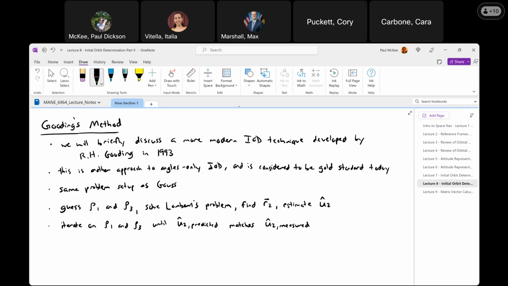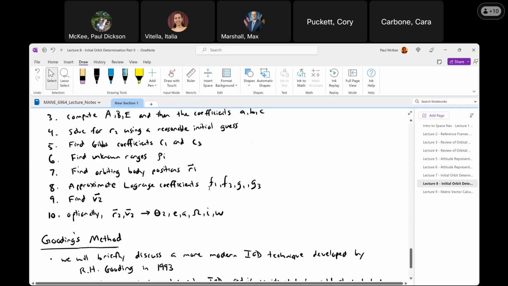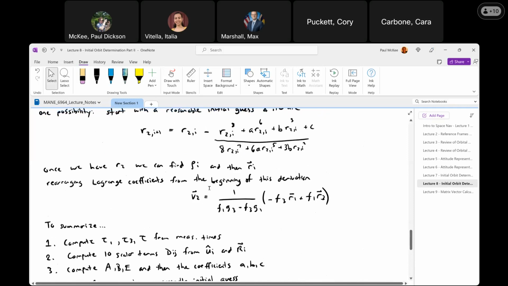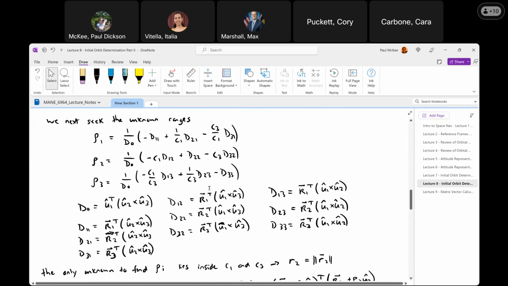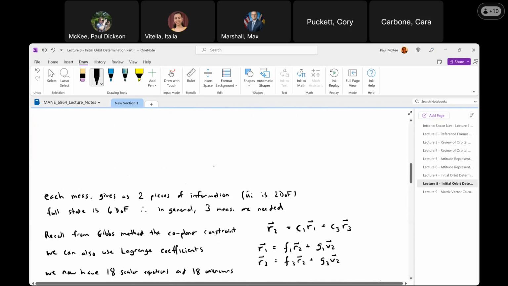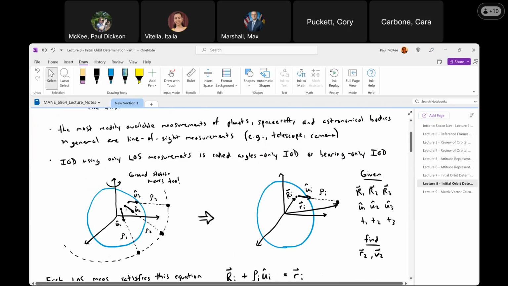There's also something that's worth being aware of. It's not even necessarily worth taking notes on, but Gauss's method and Gooding's method both, and actually this is a more general problem, fall apart in the very rare case that your observer, which is on the Earth, is coplanar with the orbit.